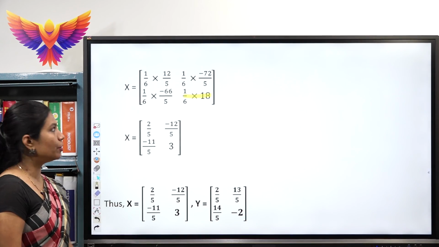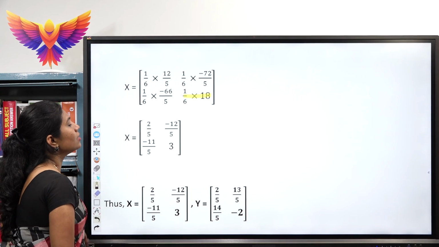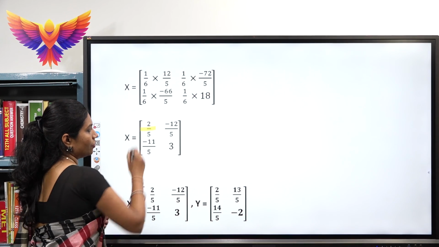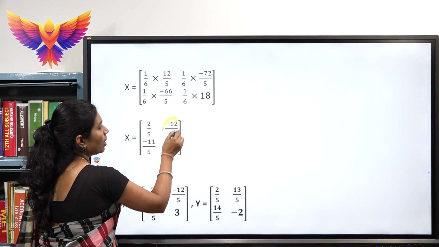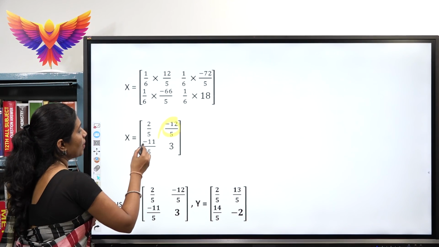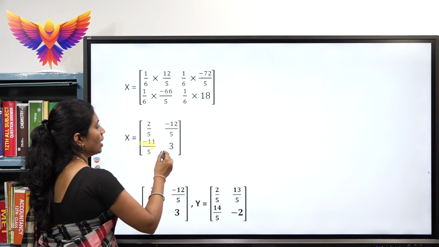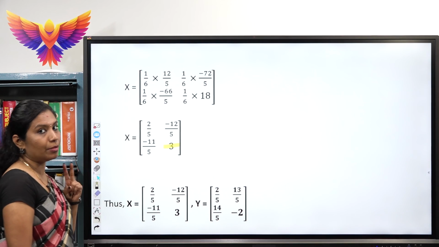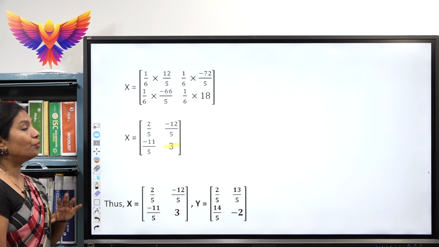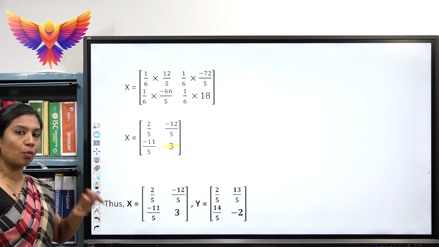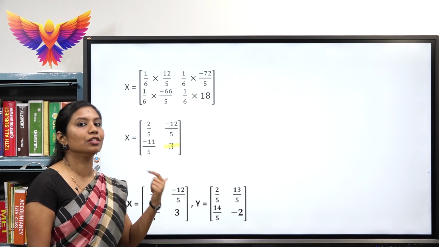So, after further simplification, I can get it as 2 by 5 as the first element, minus 12 by 5 as the second element, minus 11 by 5 as the first element of the second row and 3 as the second element of the second row. So, we ended up with the required matrices, x as well as y.